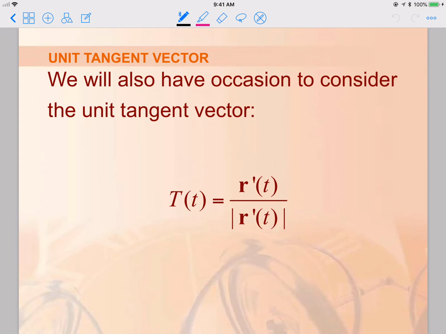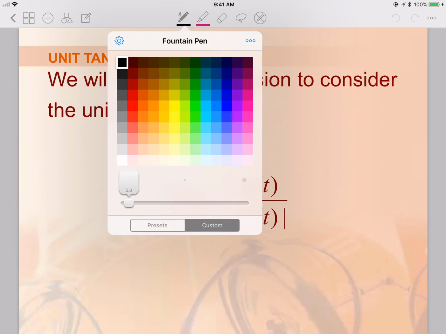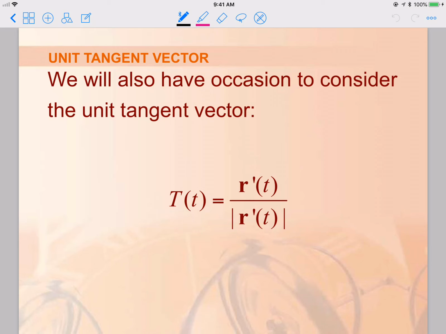I wanted to mention there's notation that your textbook uses for the unit tangent vector. So the setup is that you have a vector function, and we know that the derivative is also going to be a vector function. Input is a scalar and output is a vector.